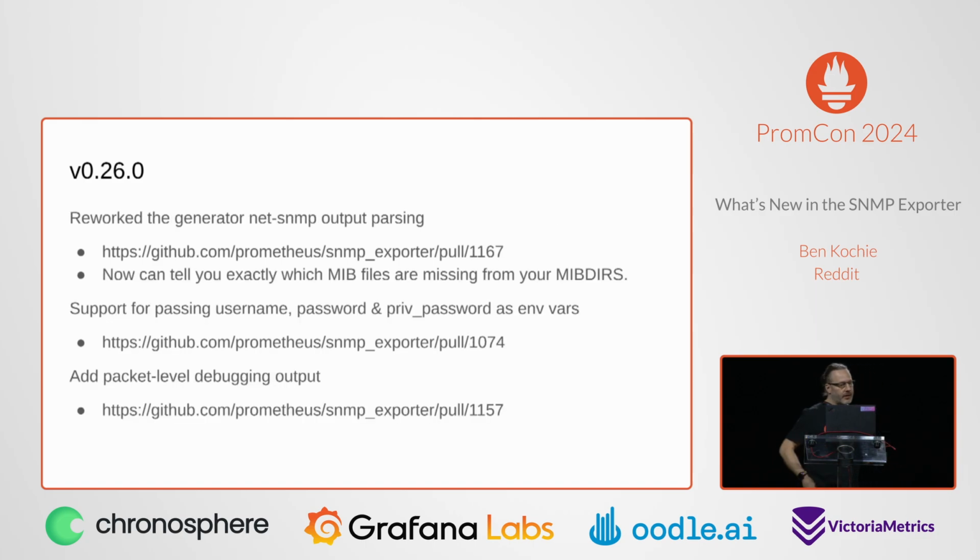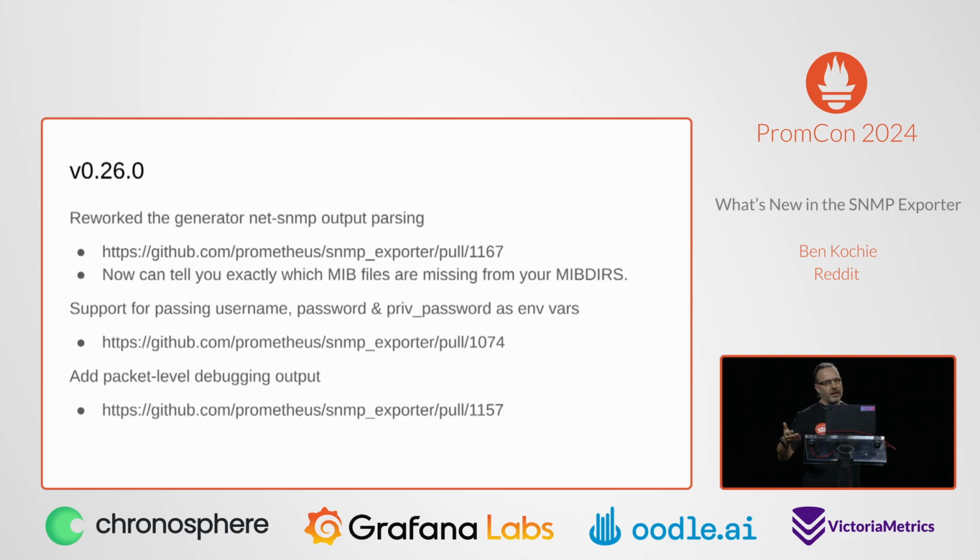Then the next release, we did a little bit more rework of the NetSNMP parsing. So one of the things about the SNMP exporter is it uses a C library called NetSNMP to parse MIB files and translate your need for a set of metrics into actual translation tables that the exporter can scrape and get the data.